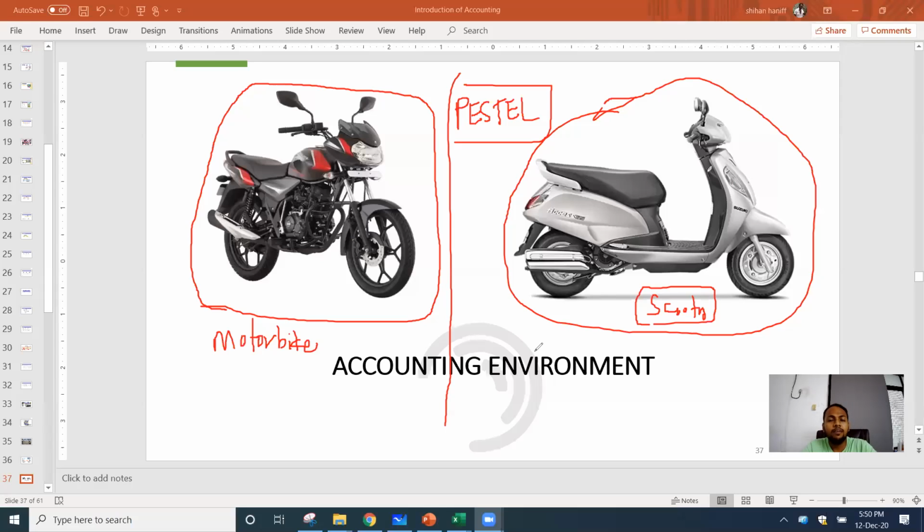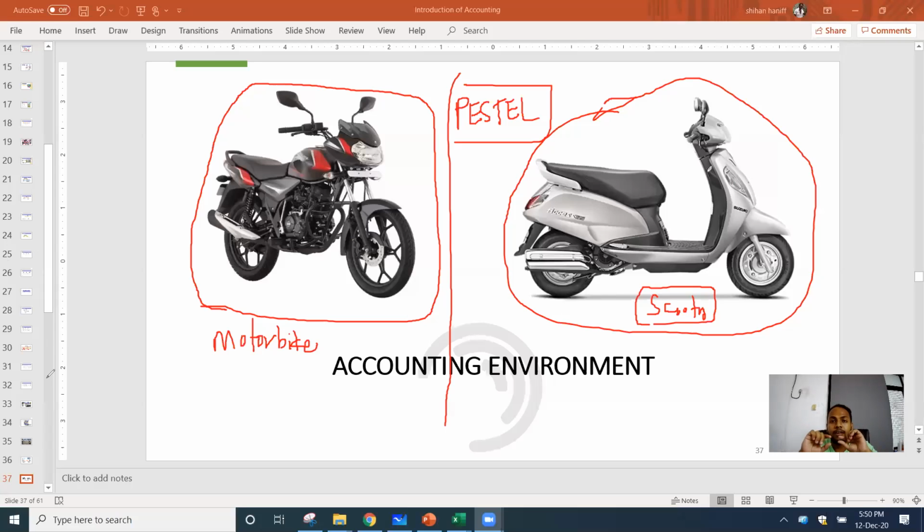Tell me some economical factors, and also some demographic, social and cultural factors. Don't just tell me the factor, tell me the environment. Like let's say technological environment, I don't need technological environment.